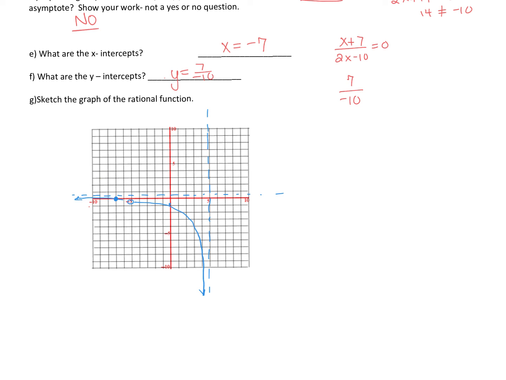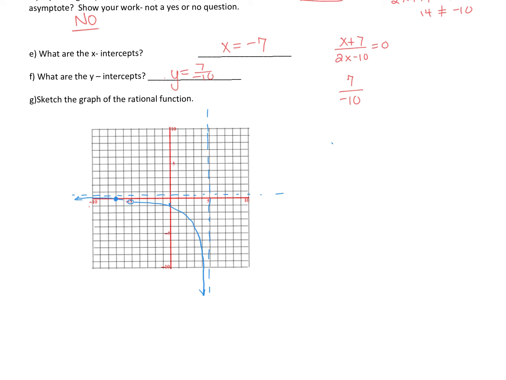And we might not know what it looks like on the other side. Again, there are some clues. We know that it's going to have to be above the horizontal asymptote, because if it were below, we'd have to have another x-intercept. And if we wanted to, we could find just one more ordered pair.